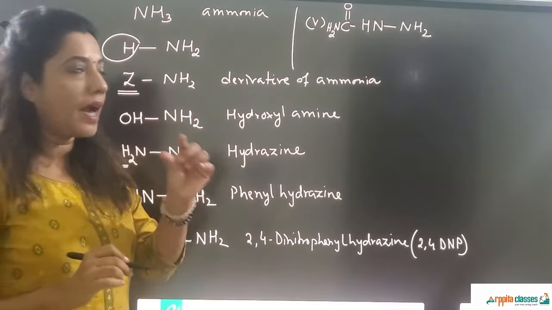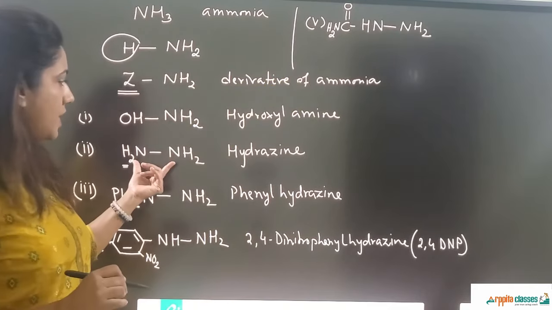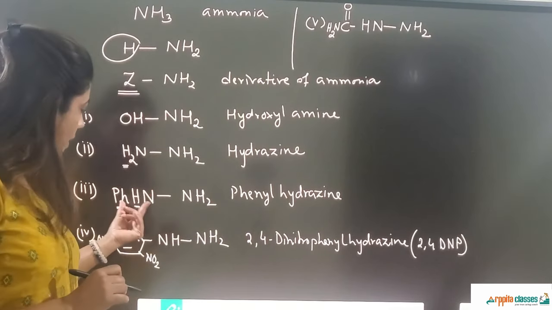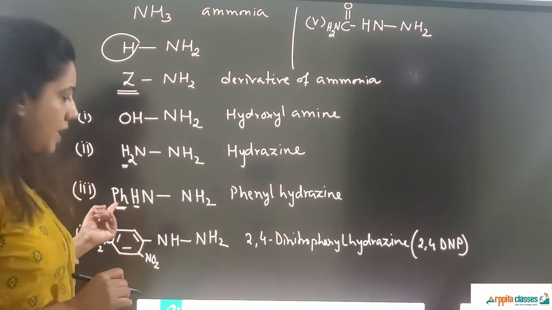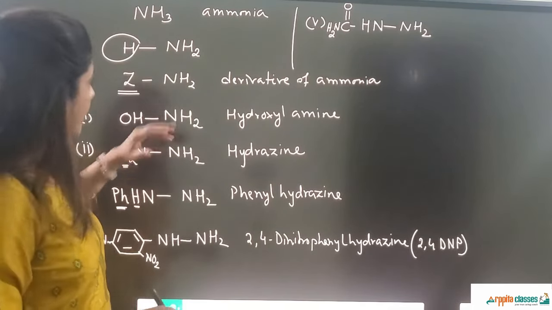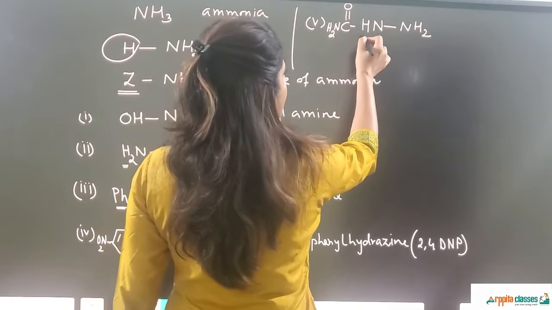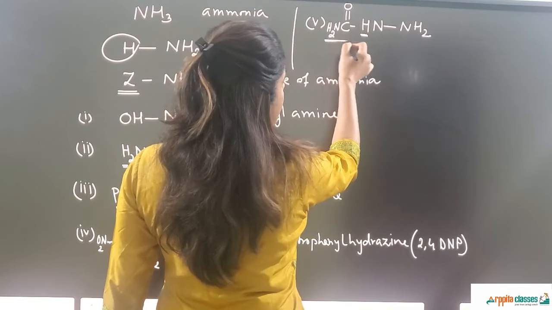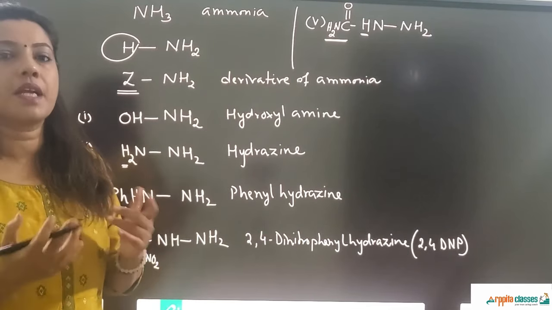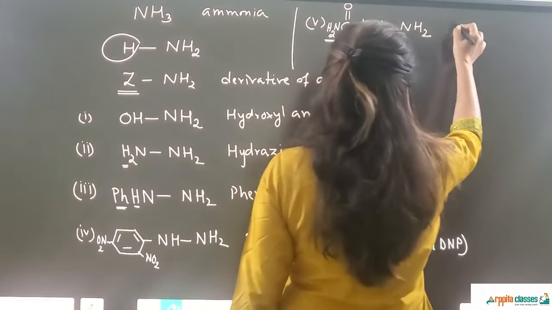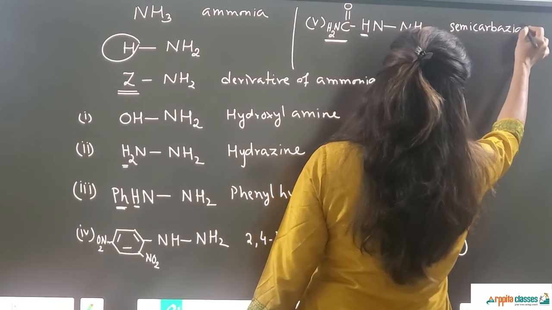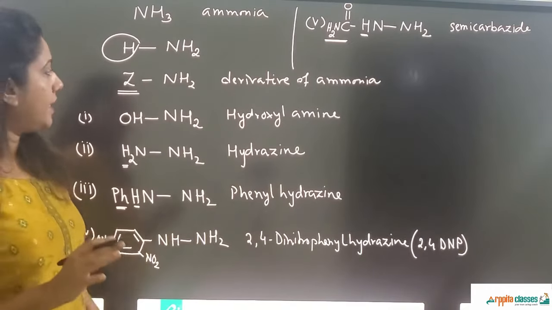See, all these are replacements of one hydrogen of hydrazine. Here also, one of the hydrogens of hydrazine is replaced by Ph. Here, in the Ph, we are adding two nitro groups, and now again in hydrazine, one of the hydrogens is replaced by the CONH2 group. CONH2 is nothing but an amide group. So this compound is called semicarbazide. I hope you understood all the derivatives of ammonia.